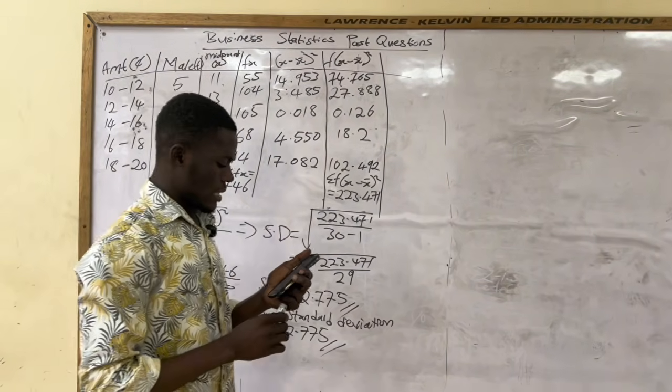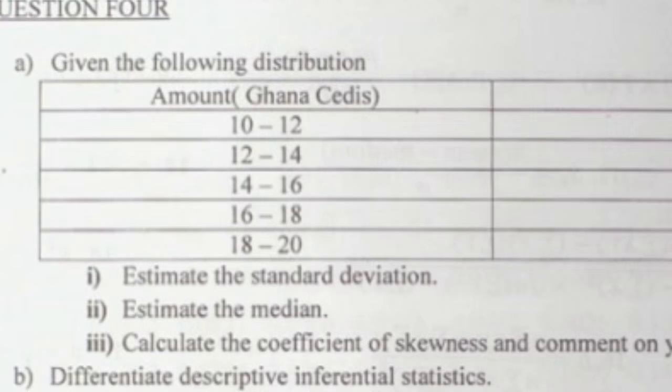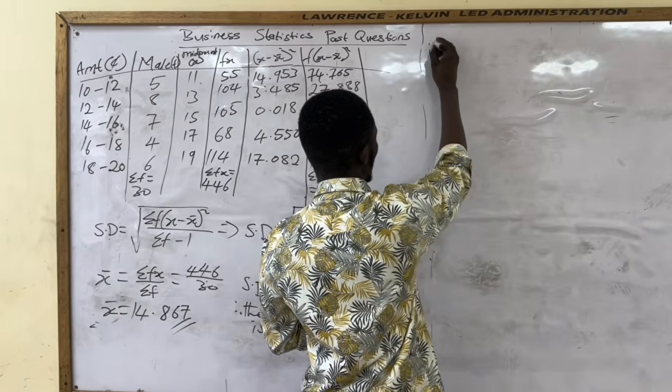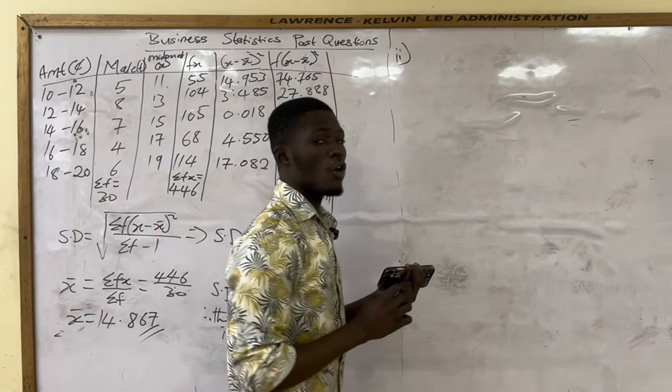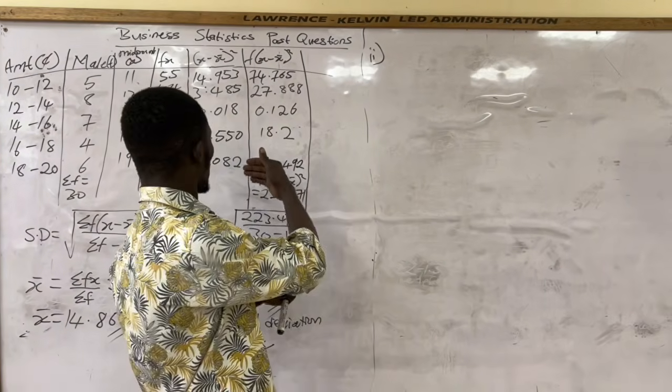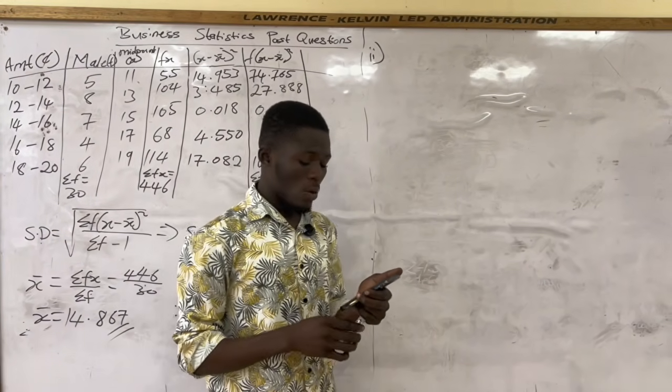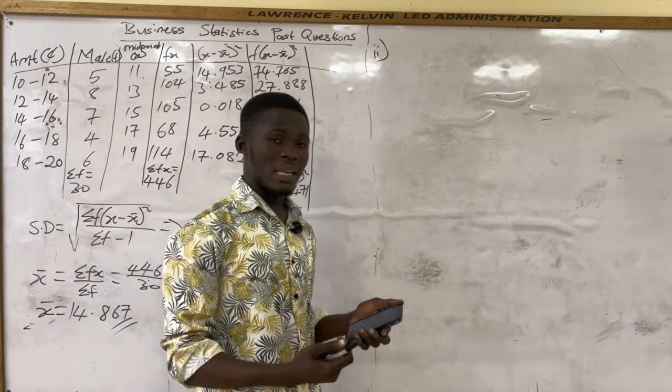Okay, now let's look at the II. The II says that estimate the median value. Okay, so II, median. So before we go in more to solve the median, we will have to state our median formula.